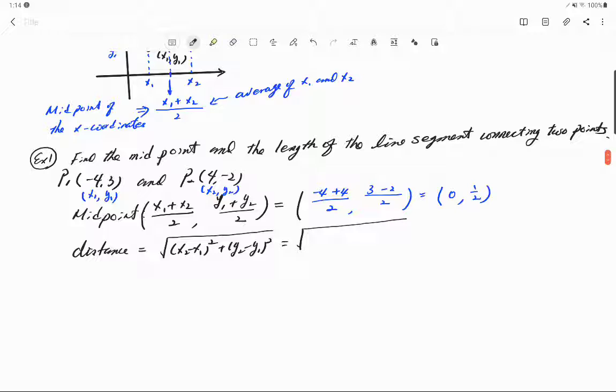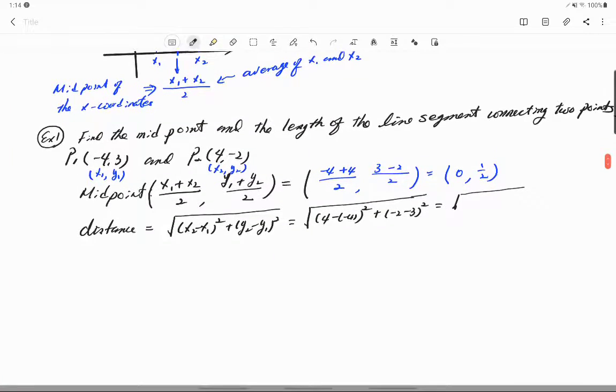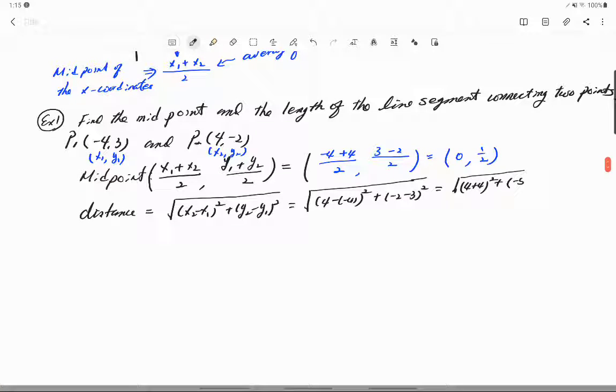Plug in the numbers. x2 is 4, so 4 minus negative 4 squared plus y2 minus y1 squared. Then 4 minus negative 4 is 4 plus 4, isn't it? 4 plus 4 squared plus negative 2 minus 3, which is negative 5 squared.